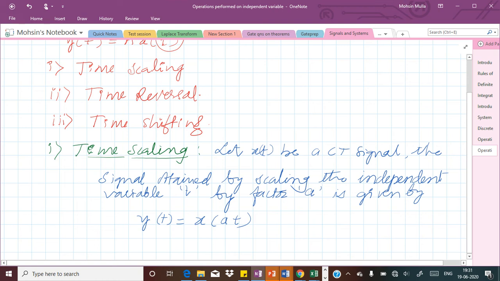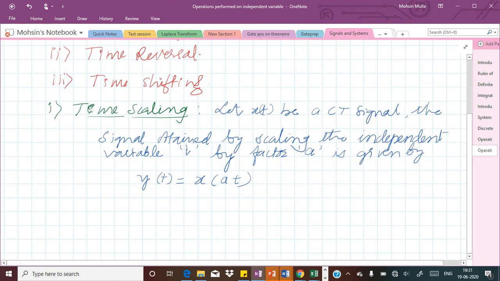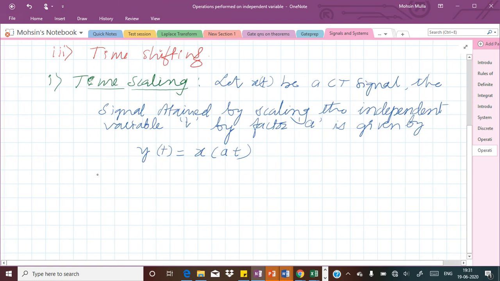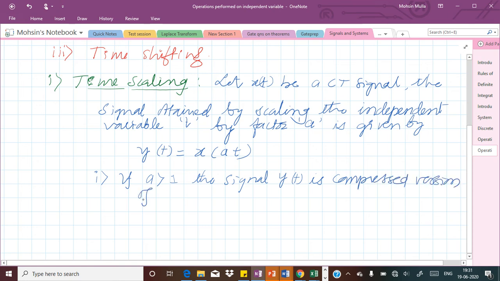Now, depending upon whether this a has a value larger than 1 or smaller than 1, we can have expansion or compression of the signal. So here there are two cases possible. Say if a is greater than 1, in this case the signal y of t is a compressed version of x of t.